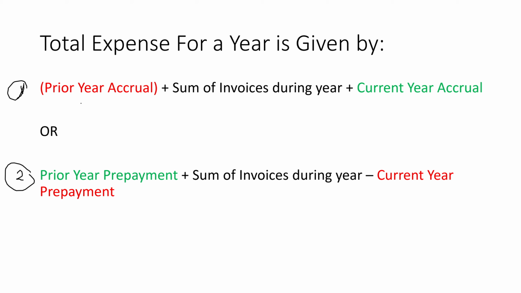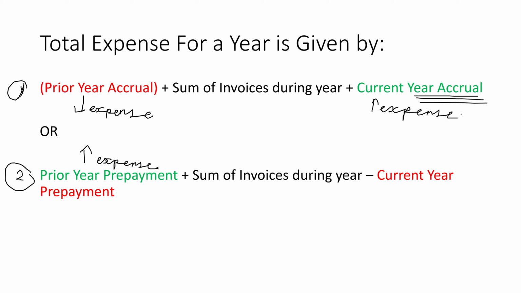So when you reverse out an accrual, you're reducing the expense. When you're reversing out a prepayment, you're actually increasing the expense. It's almost as if the prepayment is becoming an expense. When you're putting through this year's accrual, you're increasing expense. And when you're putting through a prepayment, you're reducing the expense.